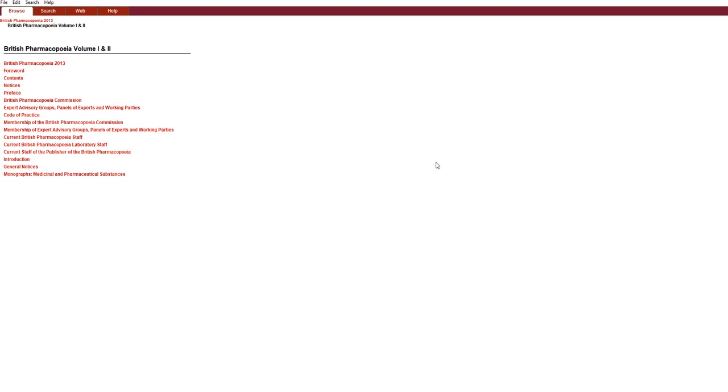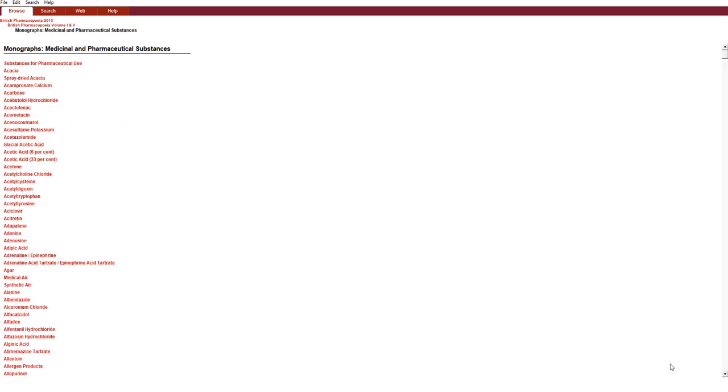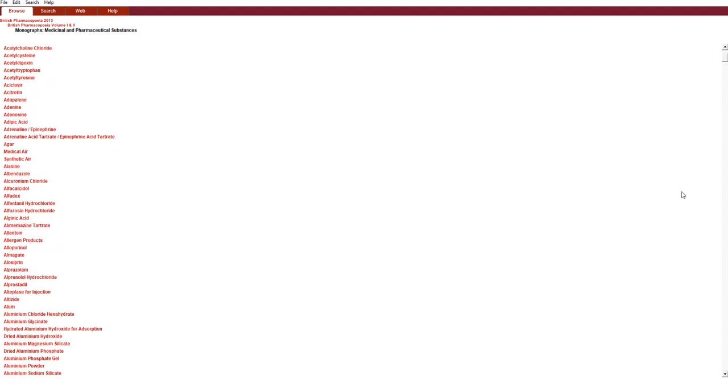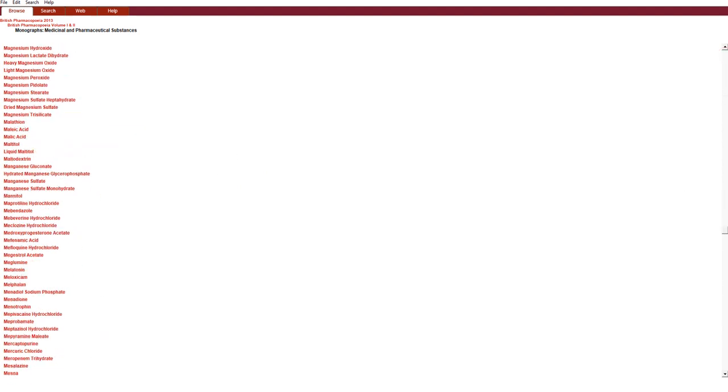Now I will show you the pharmacopoeia that I have, which is 2013. It contains different volumes. If I go to volume 1 and then I go to monographs, because the monographs tell you about the drugs and the standards that you need to test for. If I go for, now pick one, you want amoxicillin or paracetamol. I will go for paracetamol, for example.